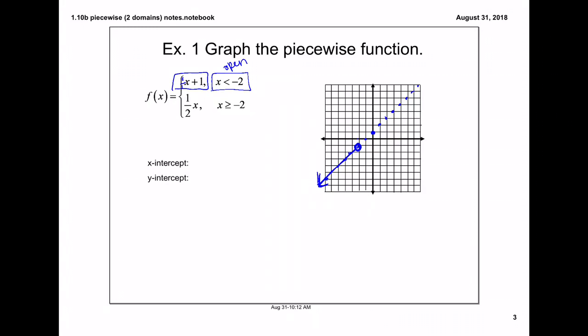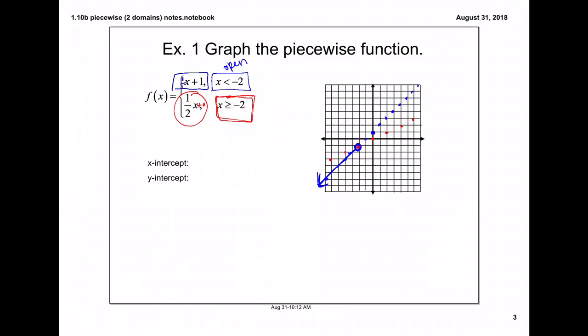Then looking at the second part of our function, we have 1/2 x, and remember there's a plus 0 after that, so we're starting at the y-intercept, the origin, 0. We are going to rise 1, run 2, so if we put these dots on our graph, we only want the values that are greater than or equal to negative 2.